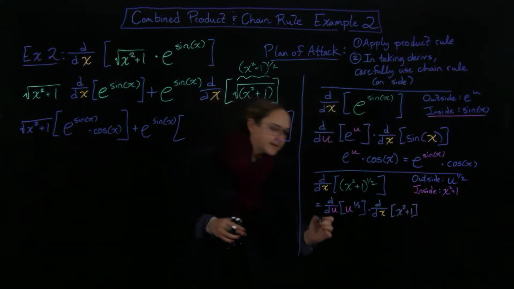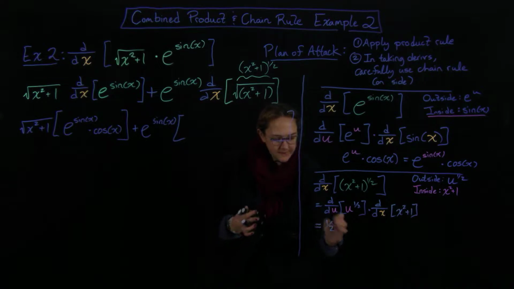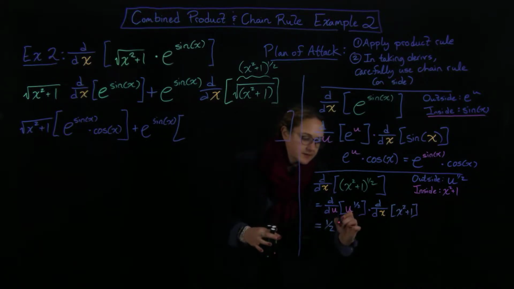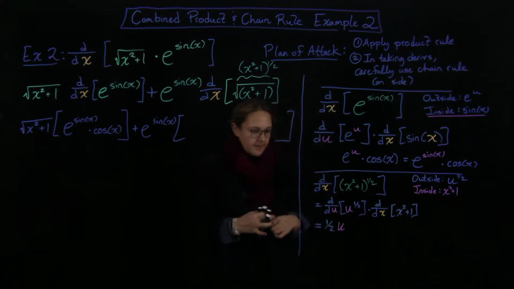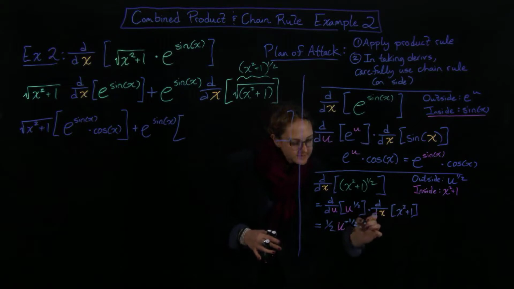Okay, so this is going to equal, well, what's that derivative? So that derivative is going to give me 1/2, and I'm going to keep that u there so that I don't forget that I haven't yet plugged that in, and this is to the minus 1/2. And then I'm going to multiply that by the derivative of this, which is just 2x.